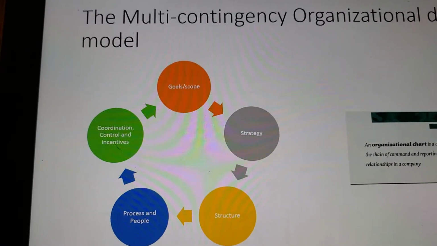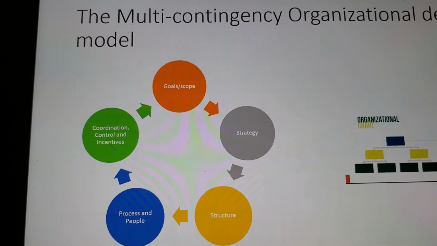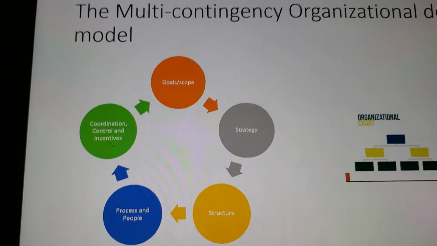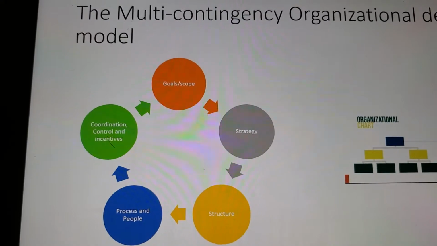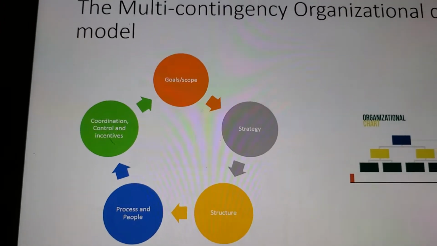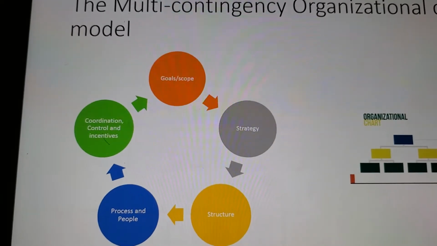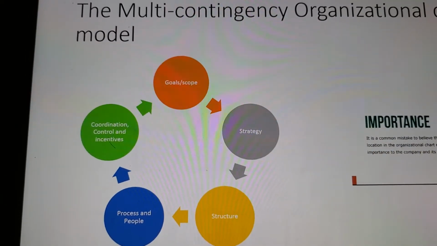It's just the diagram, the chain of command and reporting relationships within the company. And normally within the organizational chart, it goes from the top level, upper administrative, to the employees who are not always included in the decision-making process.